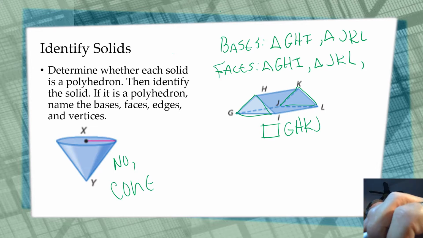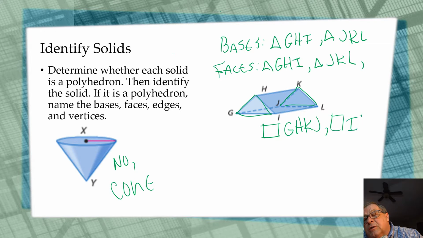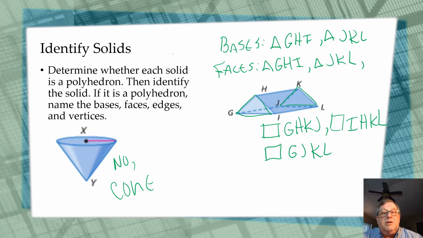Let's move here to the front, and we can say that this is quadrilateral IHKL. And then I've got the bottom part of this thing, and so we can say that it is quadrilateral GJLI. All right, so that should be our faces.